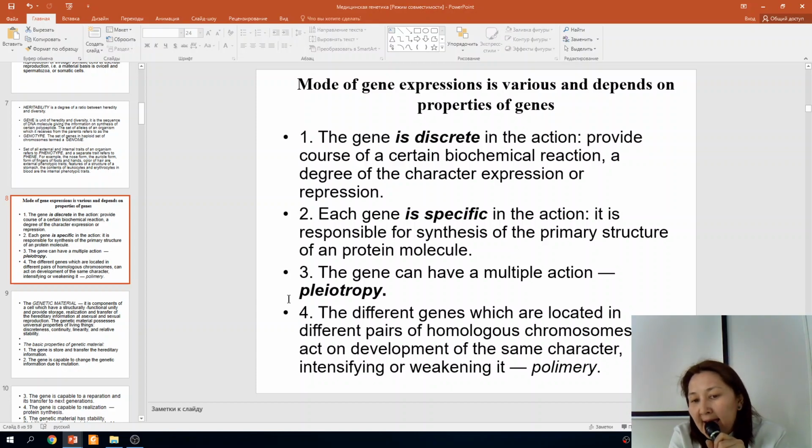The gene can have a multiple action. It is named pleiotropy. Different genes located in different pairs of homologous chromosomes can act on development of the same character, intensifying or weakening it, which is called polymery.